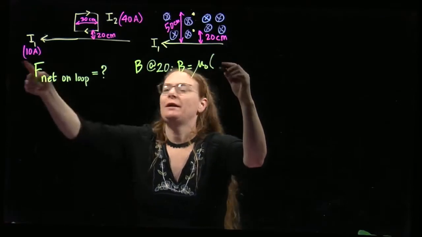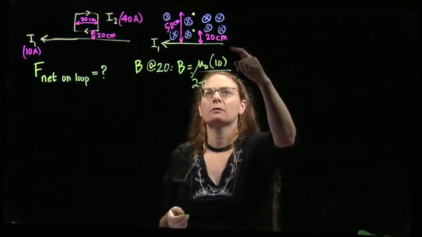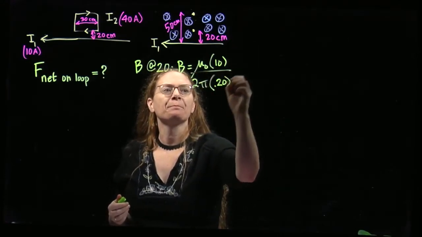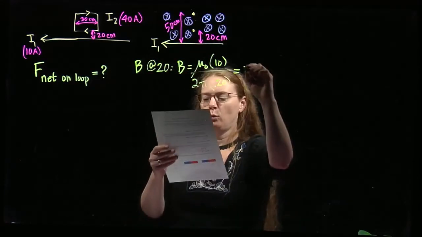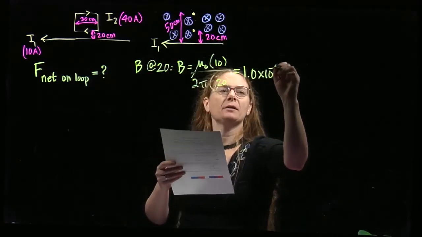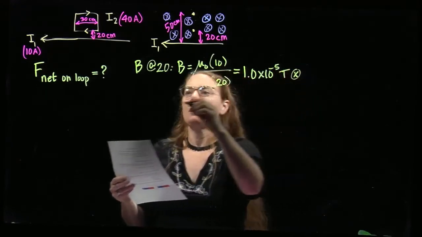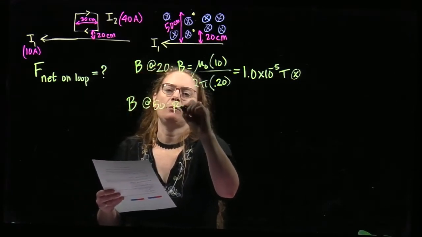So current number 1 is 10 amps over 2 pi times the distance from the wire, and I'm going to start with 20 centimeters, but again, meters, 0.20. All right, so if I calculate that, I get 1.0 times 10 to the minus 5 Teslas, and that's into the page.